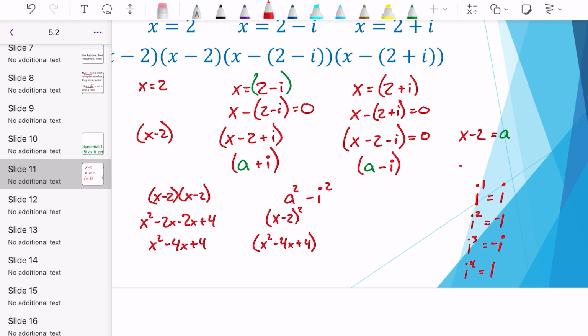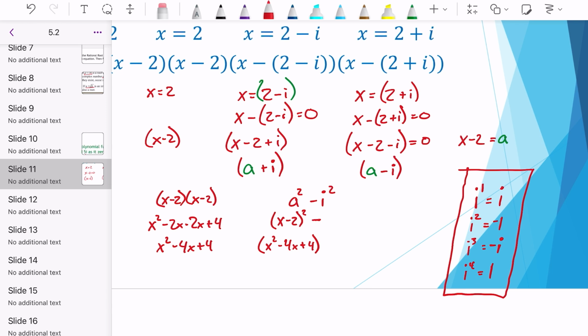This table on the right-hand side is extremely helpful when working with i. I highly suggest that you learn this table because it will help you when solving for your answers. Here we have the remaining part of this problem is a minus i squared.